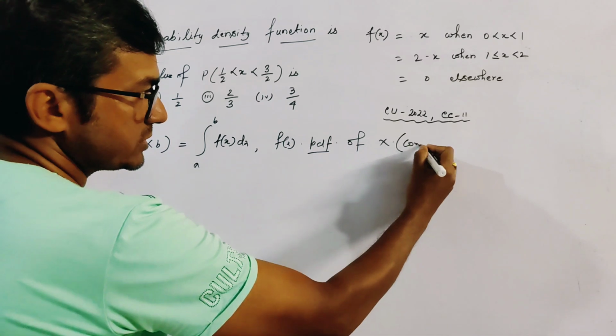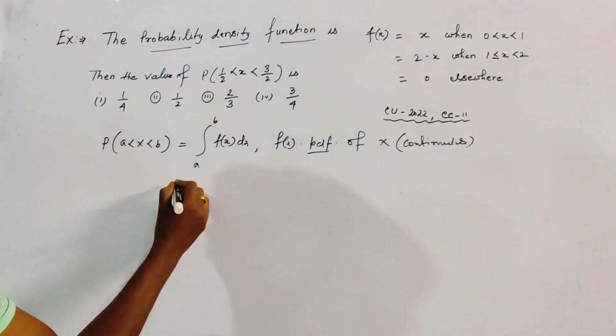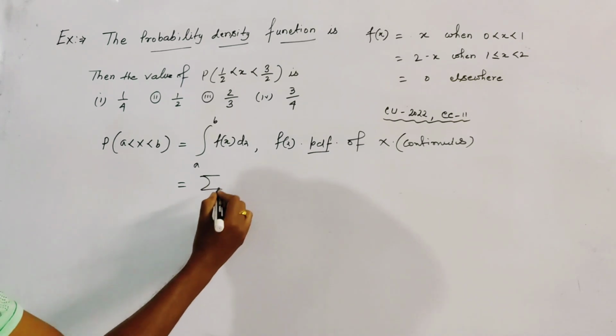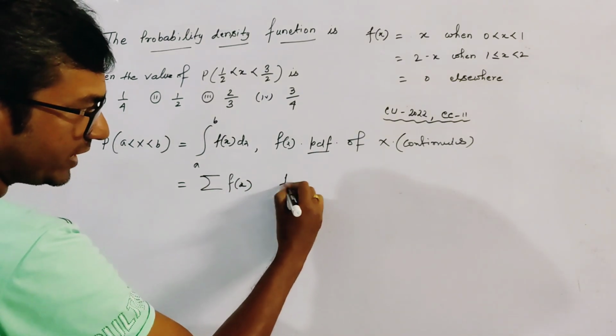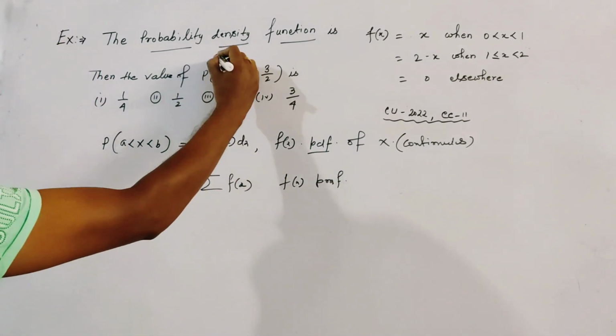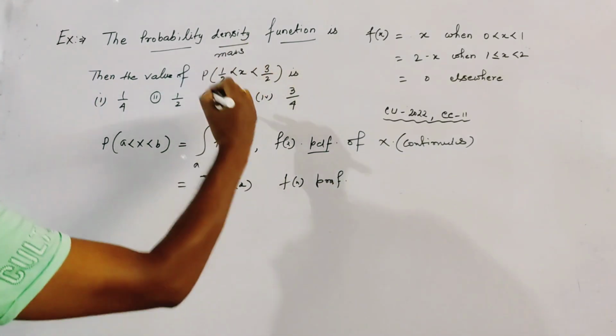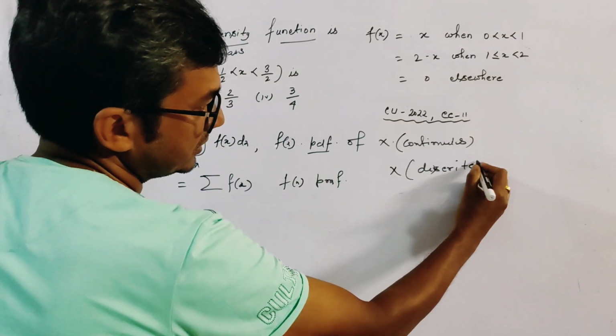Obviously it is continuous, and this is summation of f(x) if f(x) is a pmf, probability mass function, if x is discrete, right?